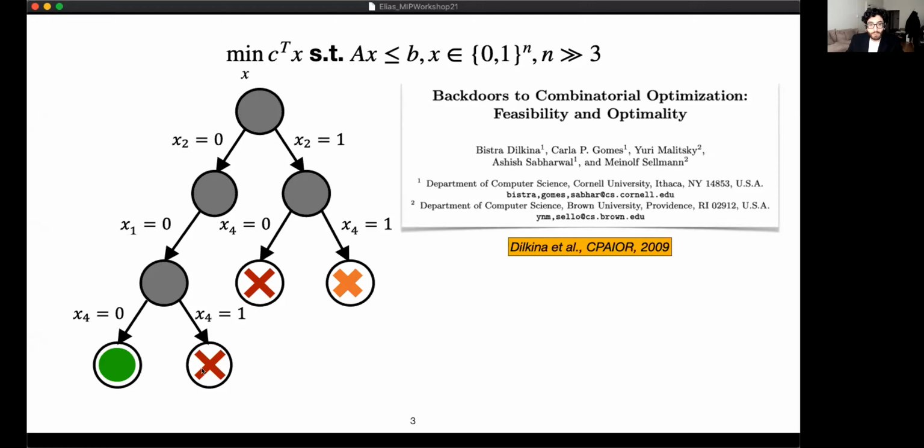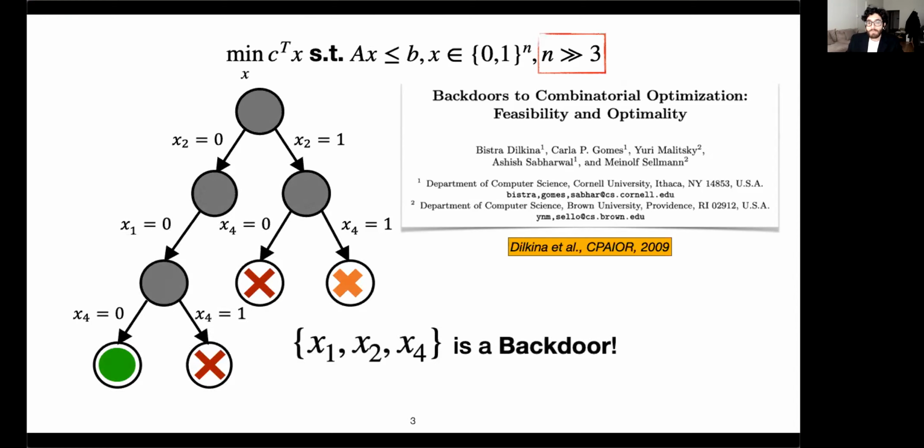After branching, if you look at your frontier of nodes and find that all of the nodes are fathomed or integer feasible, so maybe the green one is an integer feasible linear programming relaxation, the red X's are fathomed by bound, the orange one is maybe just an infeasible node LP, then you have a certificate tree, you're done, right? But you've only branched on three variables, even though there are potentially many more variables in this problem.